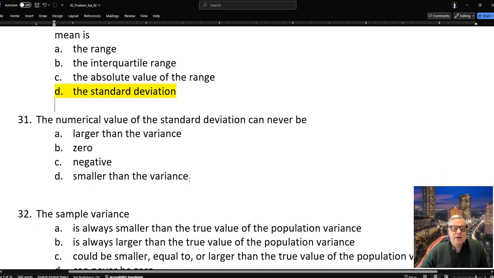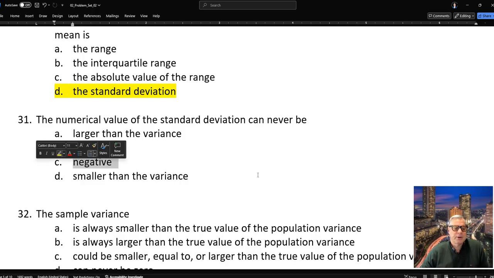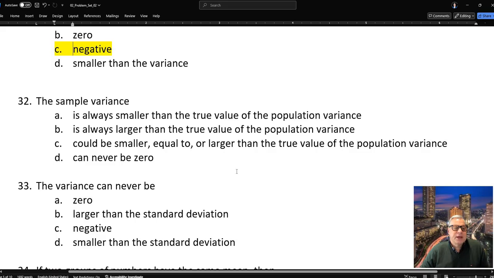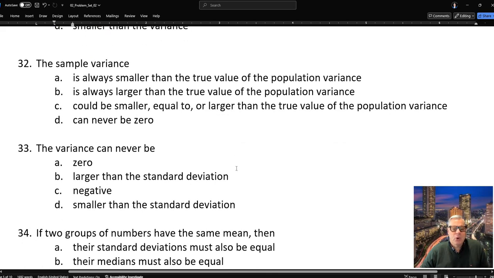The numerical value of the standard deviation can never be larger than the variance. No. It can never be negative because everything is squared. The sample variance is always smaller than the true value of the population variance.